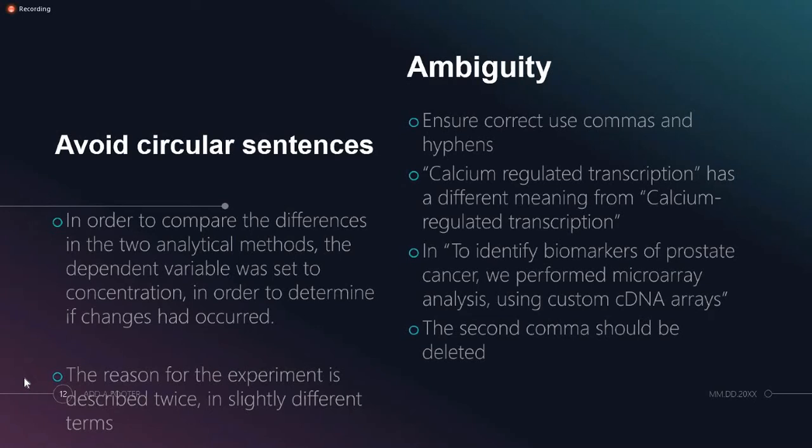That's kind of a circular sentence, so try to avoid it. For example, to identify biomarkers of prostate cancer, we perform microarray analysis using custom cDNA arrays. Just look at these sentences and understand what ambiguity and circular sentences are.